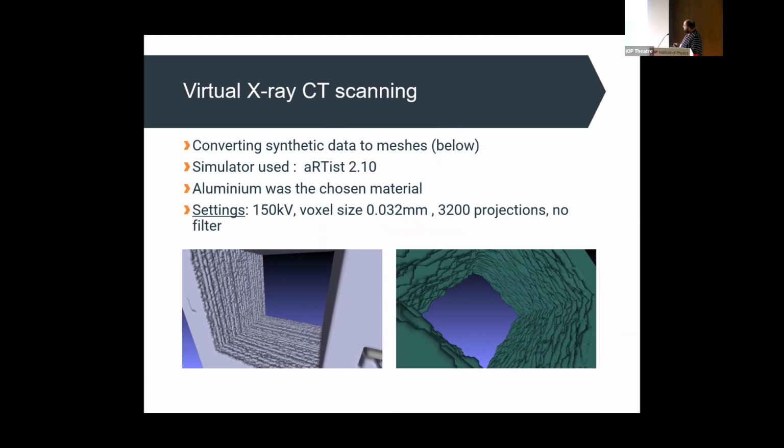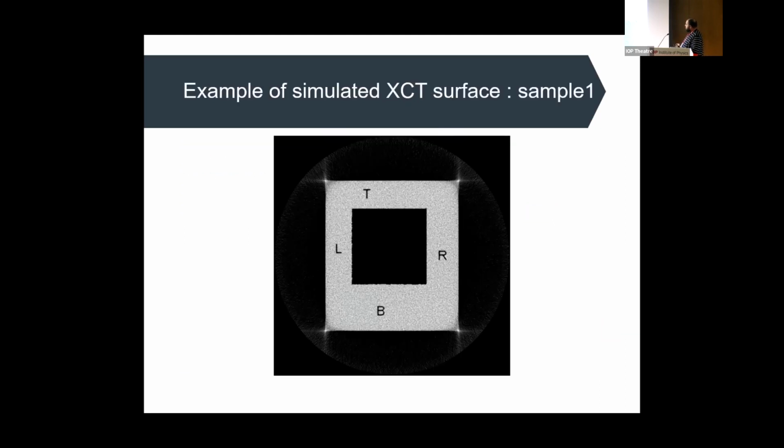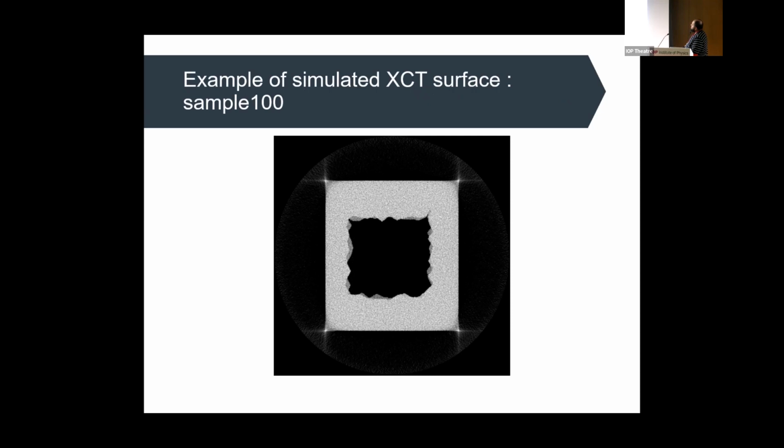Here you have the meshes generated out of the synthetic images. This is a virtual scan on sample number 1, one slice, and this is sample 100, one slice as well.